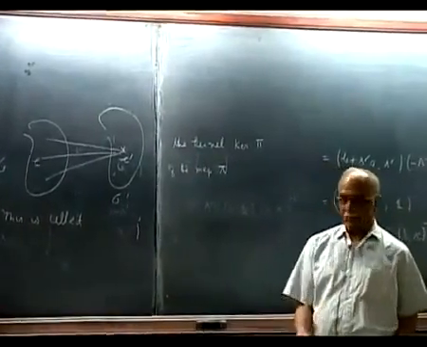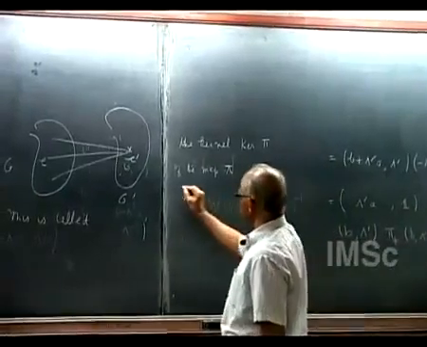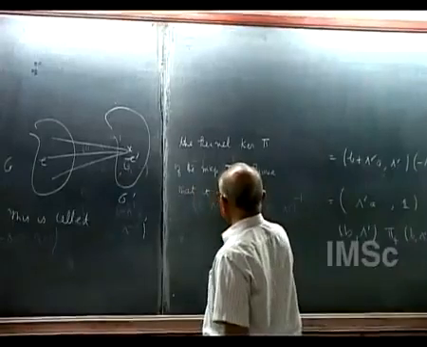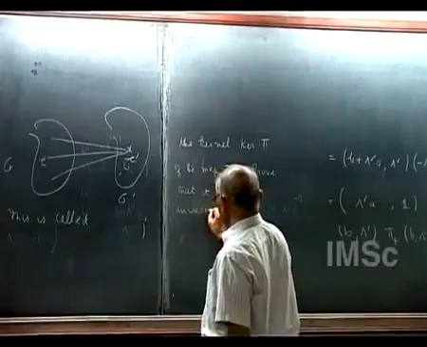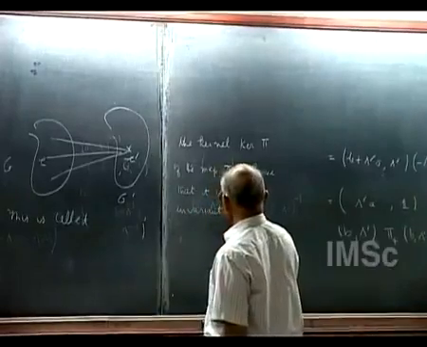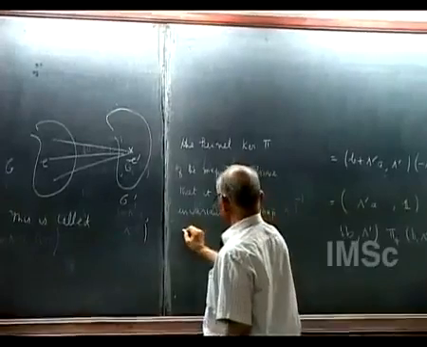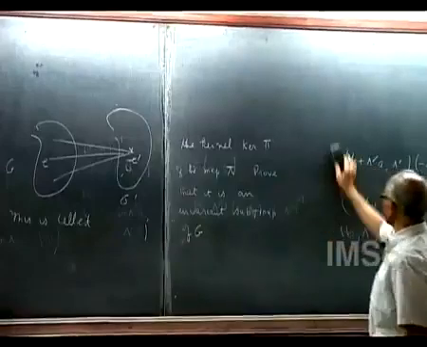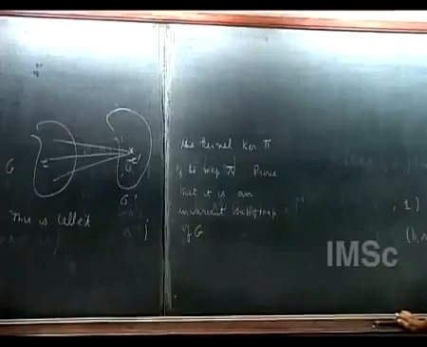Now, what I ask you to prove is that it is an invariant subgroup of G. So, the kernel of this homomorphism, and we will check it out in specific cases, is an invariant subgroup of G.